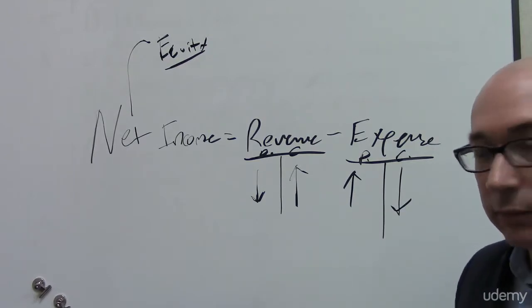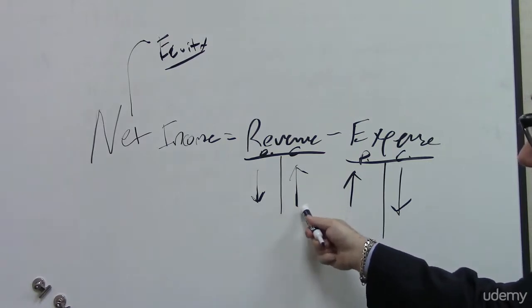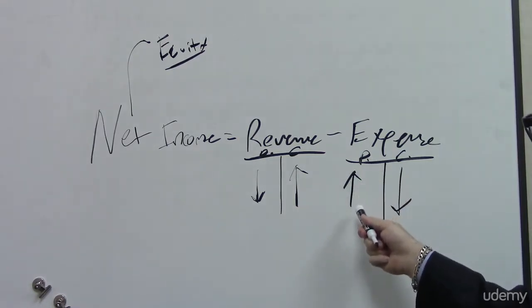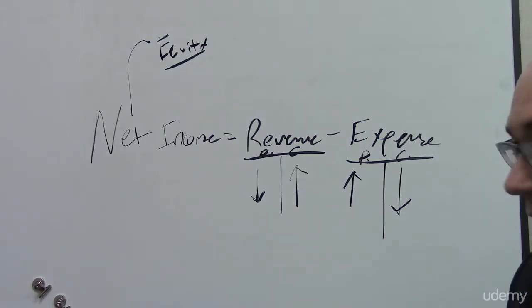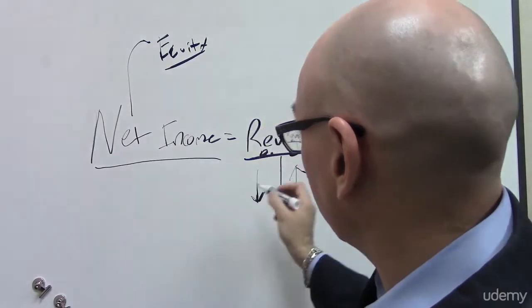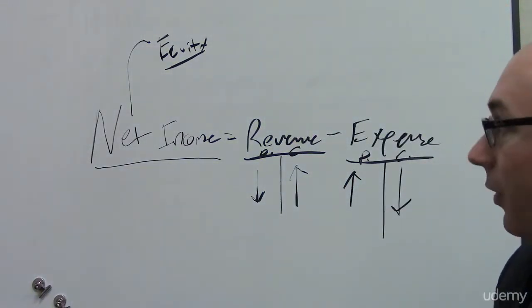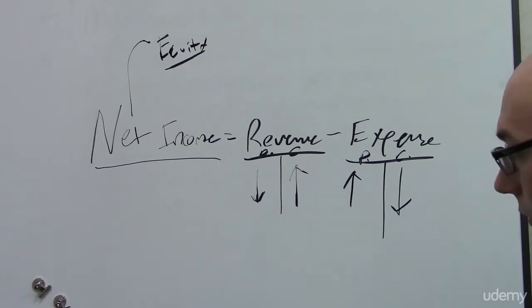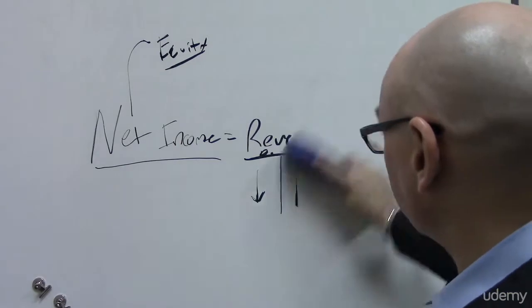Simple as that. And what you want is net income, so you want the revenue to be higher than the expenses. That's all you have.